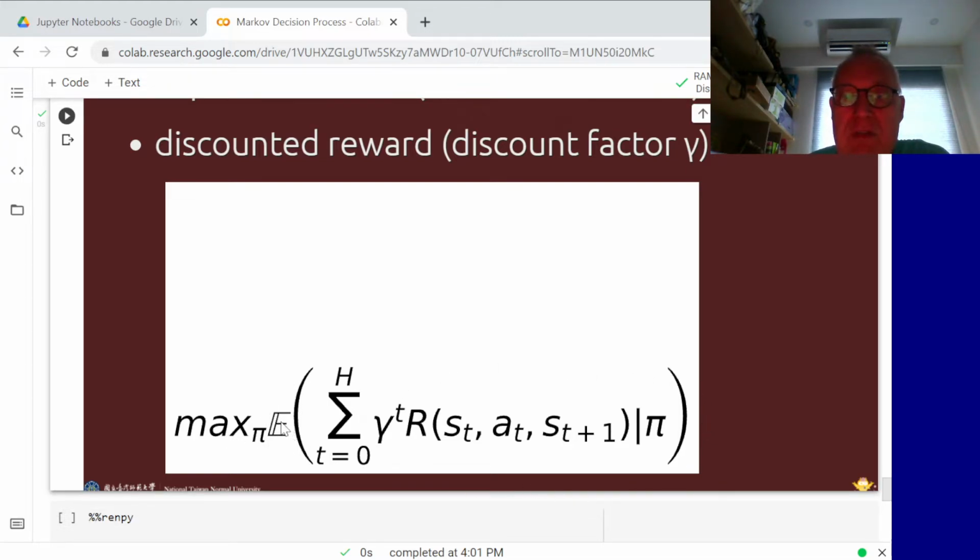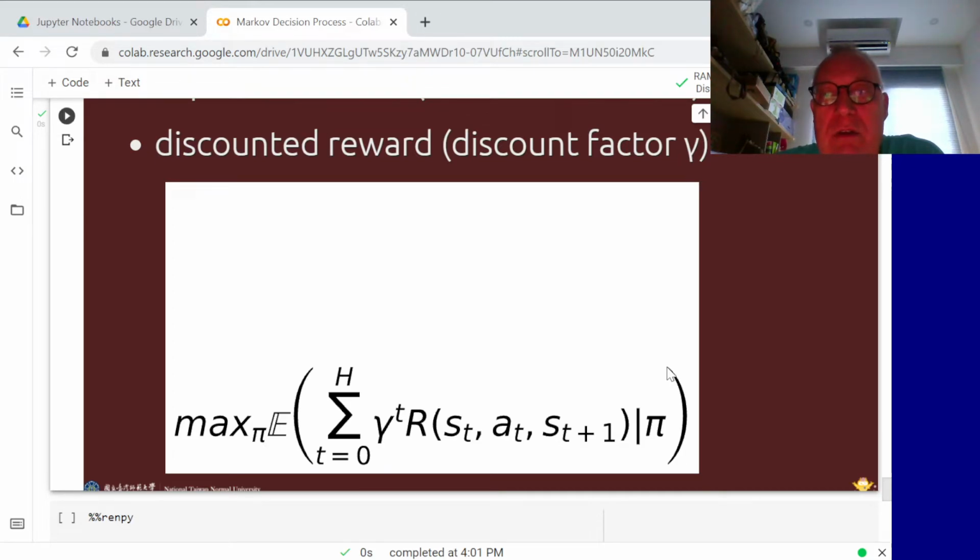This expression is the expected value of the sum of the rewards that I collect by selecting actions based on this policy pi, starting at time t equals 0 up to the end of the episode, h, up to my horizon. But the rewards are discounted by a factor gamma to the power of t.